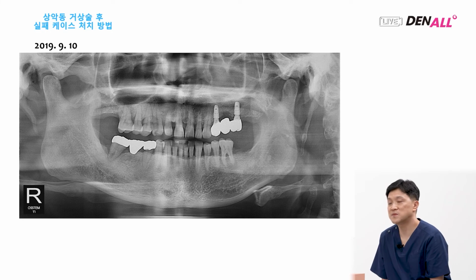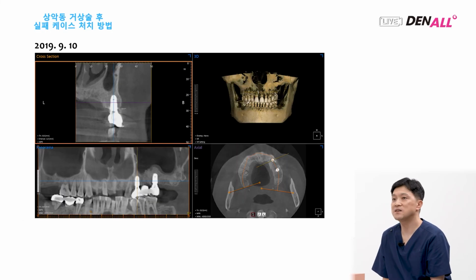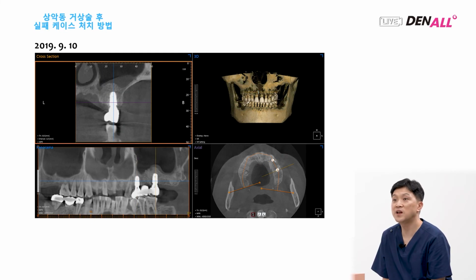So using the protocol, if you look at the CT, the alveolar bone remodeling and bone graft in the sinus are very well maintained.